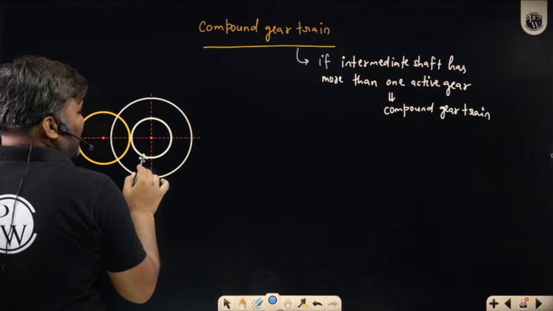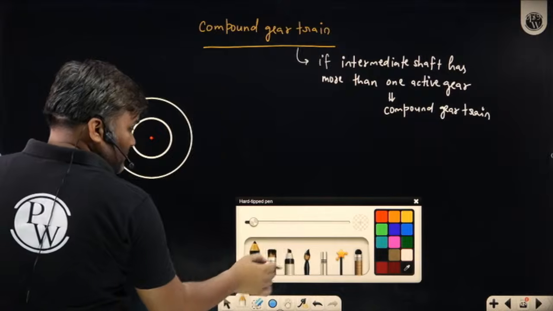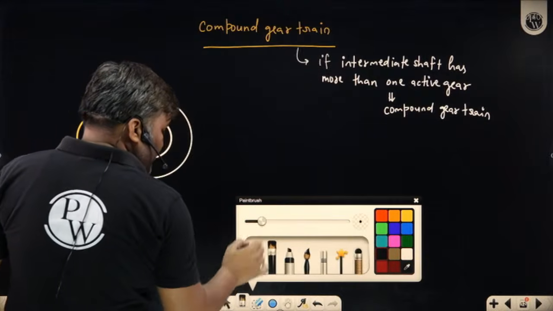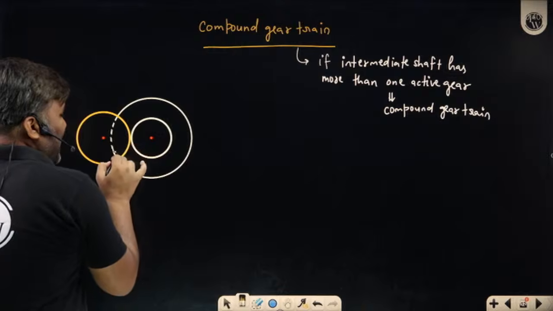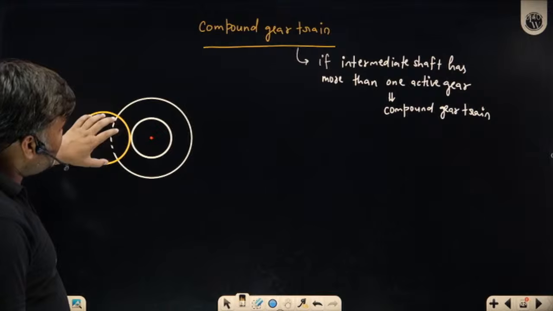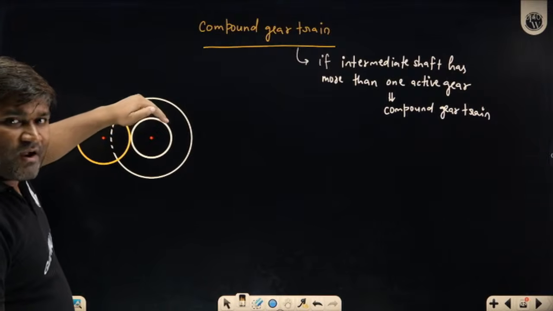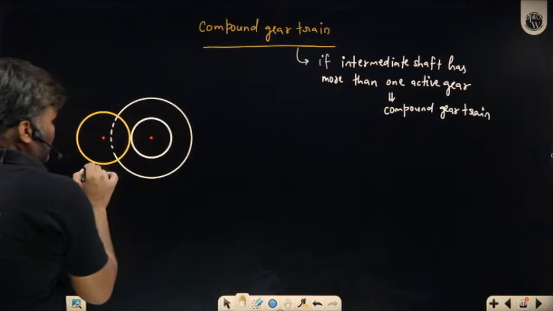Same color, say, and let me make it dashed so that it gives you a feeling that this yellow gear is outside and this bigger white gear is at the backside. Right? So this is my gear number 1.